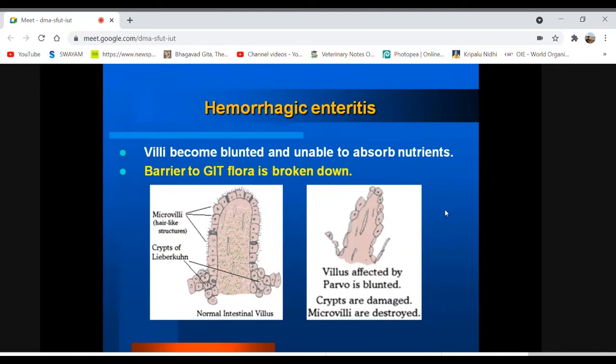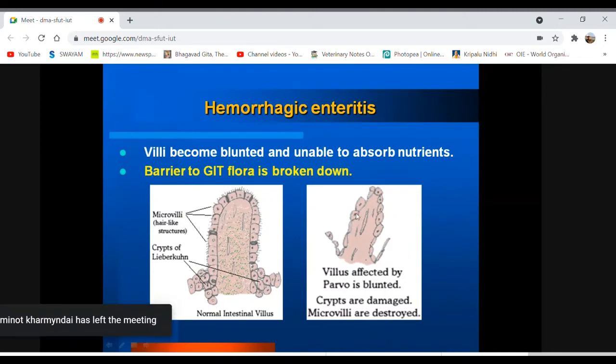nutrients cannot be absorbed. Okay, and sometimes the GIT flora, I mean microorganisms, may also easily get into the system from the affected intestinal mucosa, where the villi have already been blunted, the crypts of Lieberkühn are already damaged, and the microvilli are also already damaged.